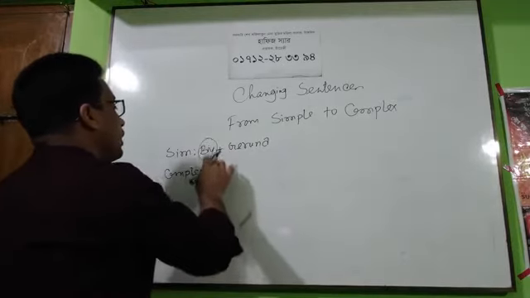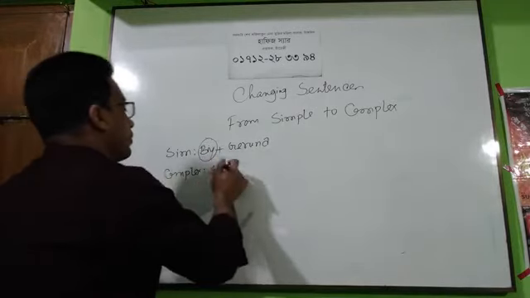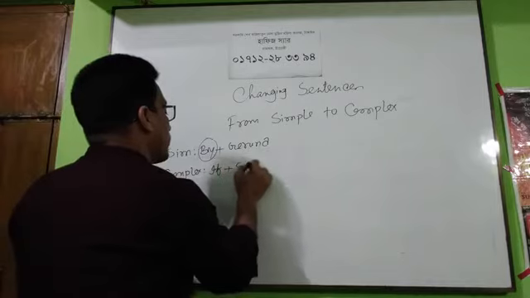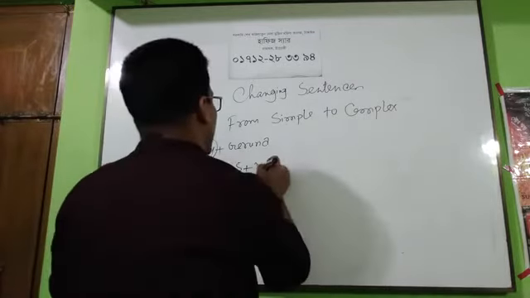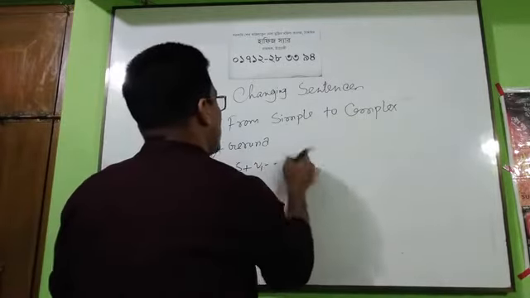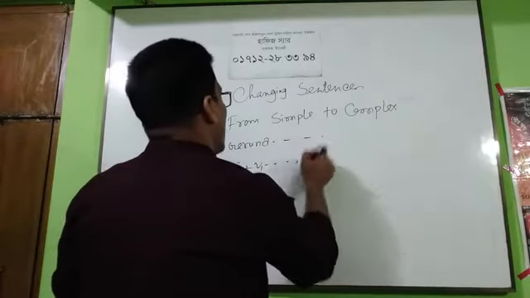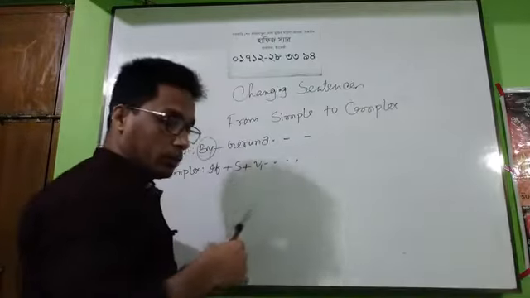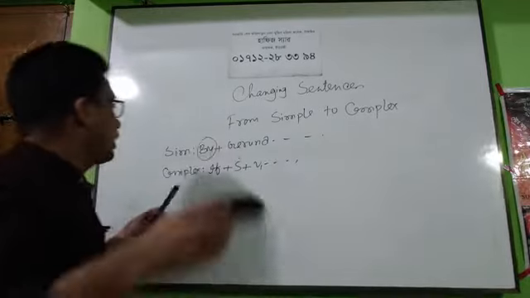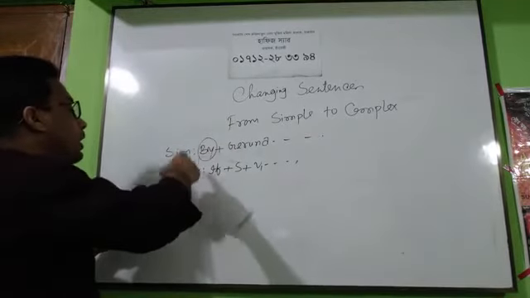Instead of by, we will use here if plus subject plus verb 1, and the principal clause. These are the forms of a simple and complex sentence.